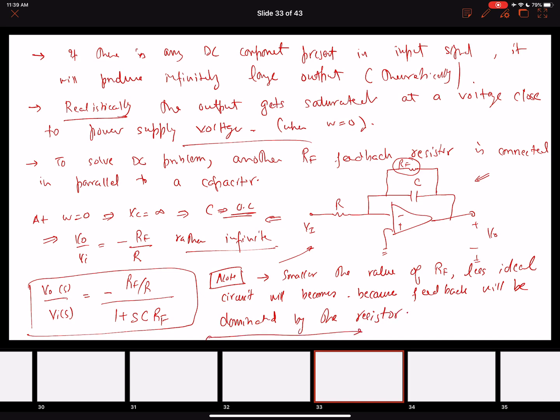All right. So in terms of selection of the feedback resistor, we need to consider that since this appears in parallel to the capacitor, if we use smaller values of this feedback resistor, that is going to make the circuit less ideal for integration, because our feedback loop will be dominated by the resistor rather than the capacitor.